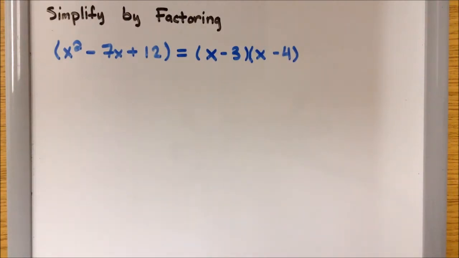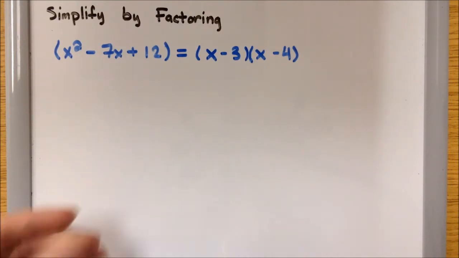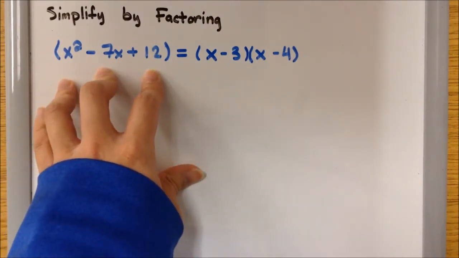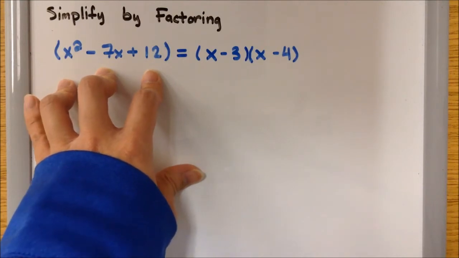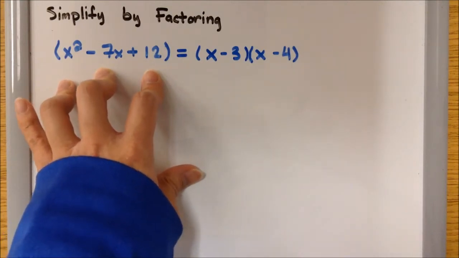So if I were to talk in terms of where you have sine, cosine, tangent, cosecant, secant, and cotangent, it's kind of hard to simplify if you don't break it down into smaller parts. Now, factoring is a method where you could break it down into smaller parts and it's manageable, you can work with it. So here, if I were to ask you to simplify x squared minus 7x plus 12, you wouldn't know how to do it. So, therefore, I would say simplify by factoring.